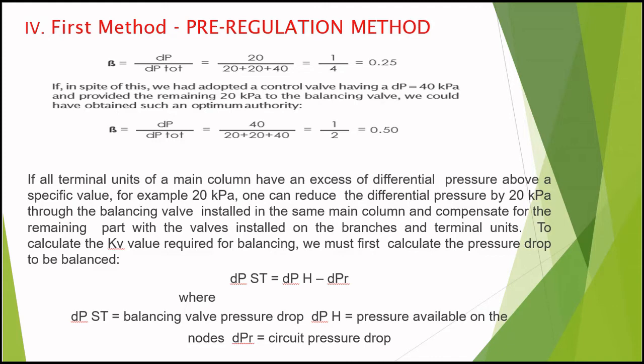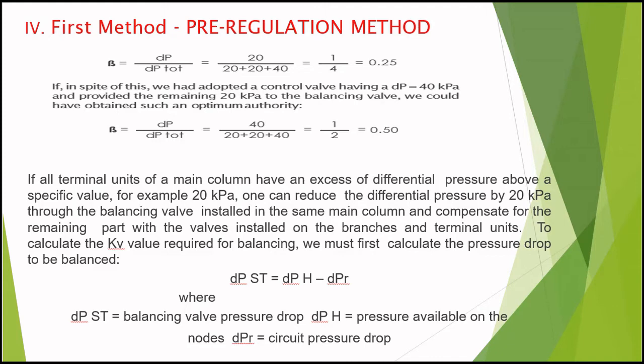If all terminal units of a main column have an excess of differential pressure above a specific value, for example 20 kPa, one can reduce the differential pressure by 20 kPa through the balancing valve installed in the same main column and compensate for the remaining part with the valves installed on the branches and terminal units.